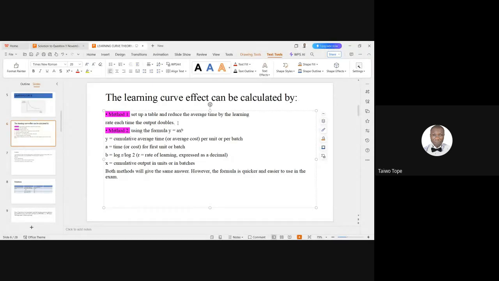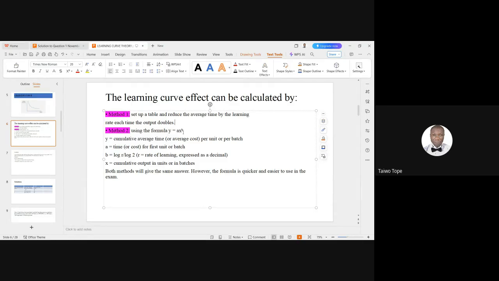It will not work, because by the time you see a question and try to apply that concept, when the output is not doubled, it will not work. For example, you can be asked to determine the time taken to produce the 15th batch. 15 is an odd number, not an even number. It does not have the concept of doubling in it.